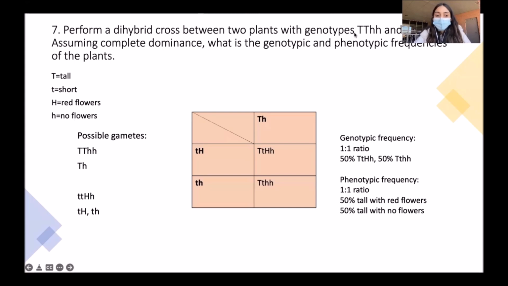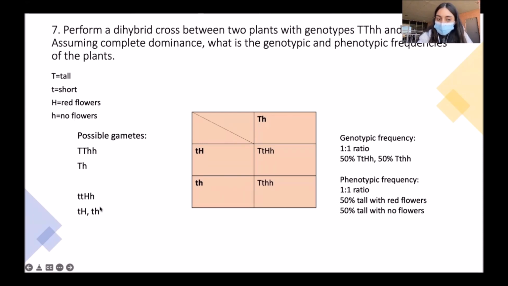We see we have 1 big T, 1 little t, and that's it. We don't have any other possible gamete options. Then this one is going to be little t, big H, and little t, little h.